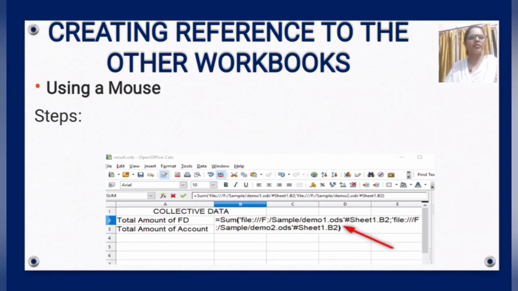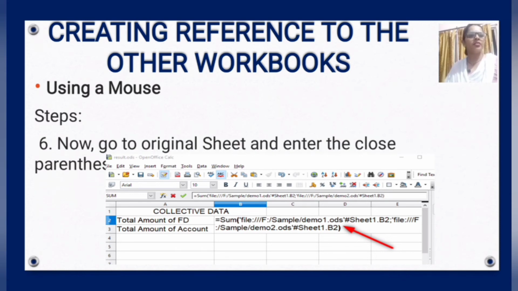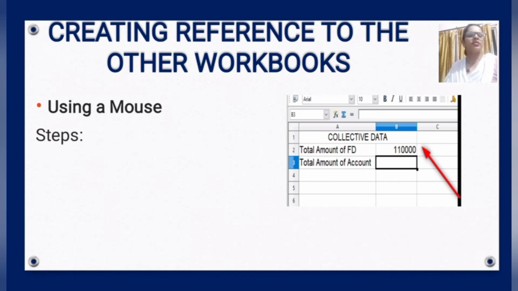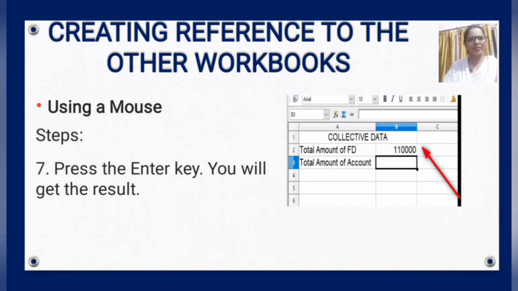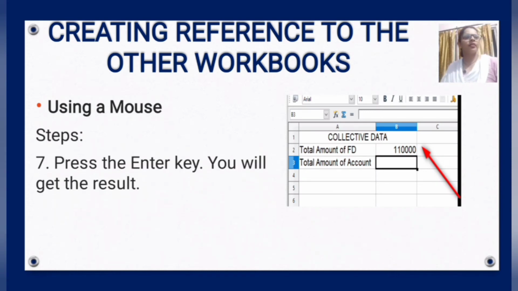Then you can see this address on your third sheet. Close the parenthesis and the result will appear. You can see you get the result here, a combination of the total amount of Yes Bank and SBI Bank.